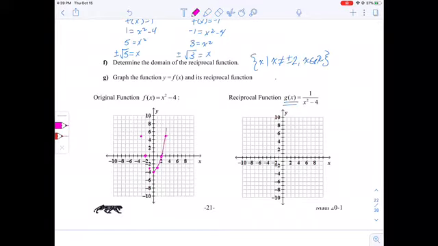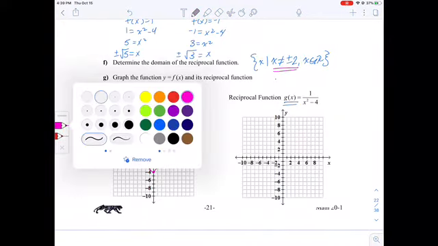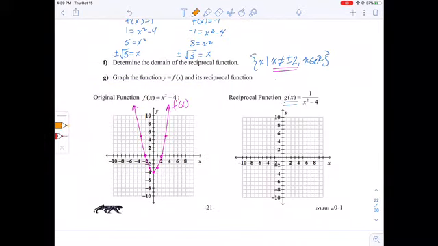And when we graph this, there's our original function f of x. And now I know that my x cannot equal plus or minus 2, because of course that is where my asymptotes are, and those are the x-intercepts.